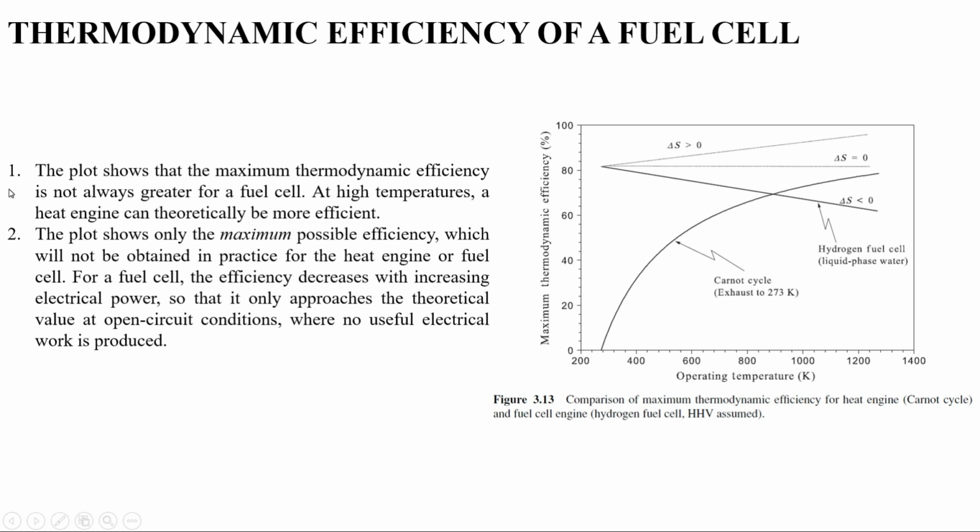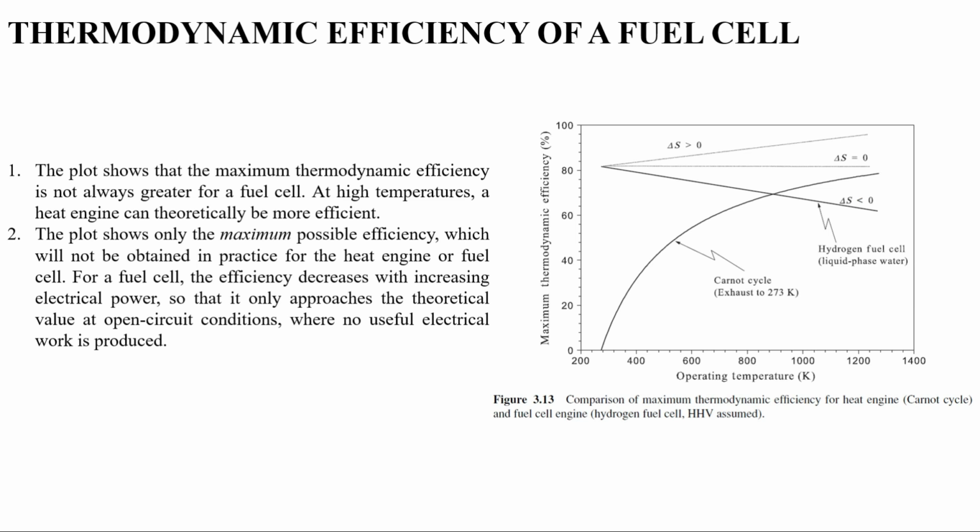So if you read point number 1, the plot shows that the maximum thermodynamic efficiency is not always greater for a fuel cell. At high temperature, a heat engine can theoretically be more efficient. In terms of thermodynamic efficiency, a fuel cell will not always have high efficiency.